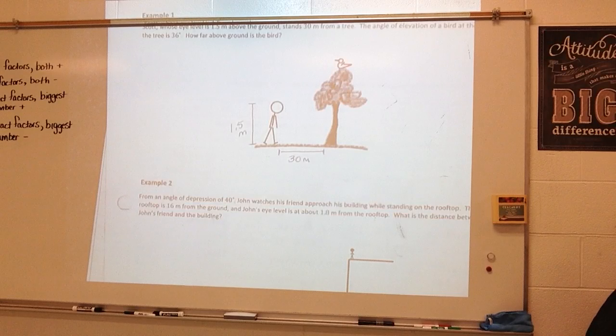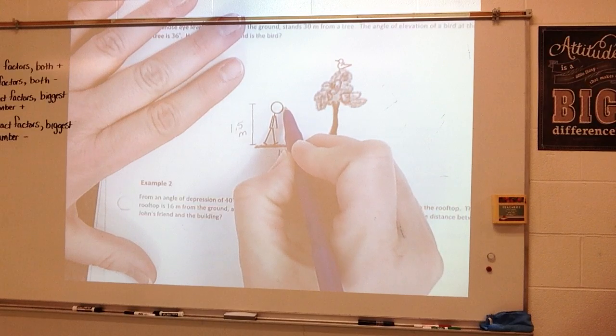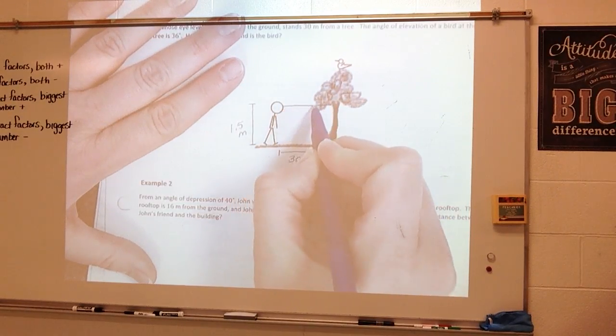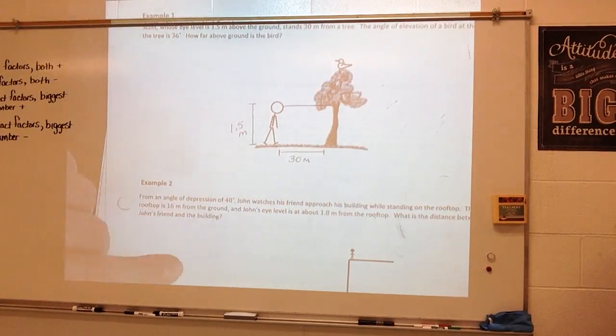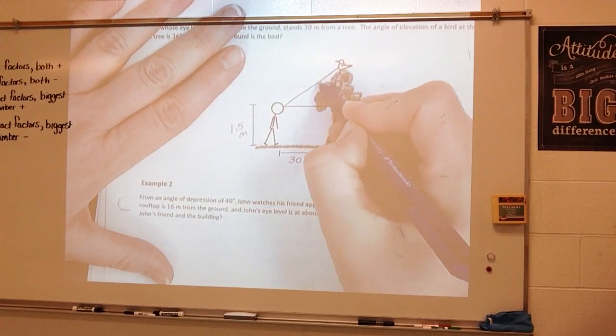The angle of elevation of the bird at the top of the tree is 36 degrees. So we draw this horizontal line, which then gives him a line of sight to the bird.